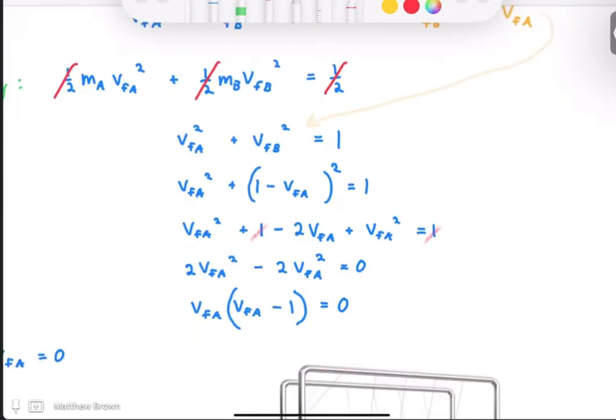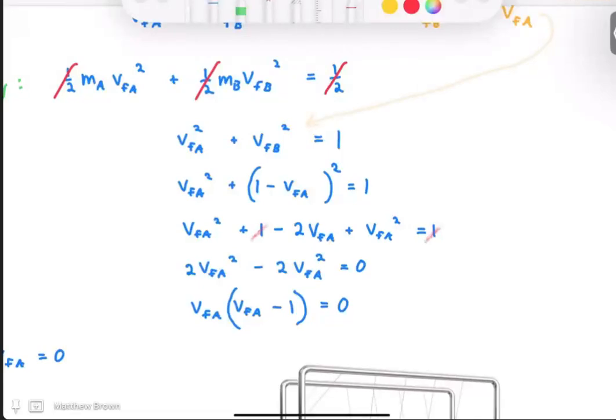So when you work out 1 minus V final A squared, you get this right here. You can check that, or if you want to, you can write 1 minus V final A times the same bracket, and then that's just FOIL: multiply those 2 binomials. You should get this. And now you've got 1 equation with 1 unknown.